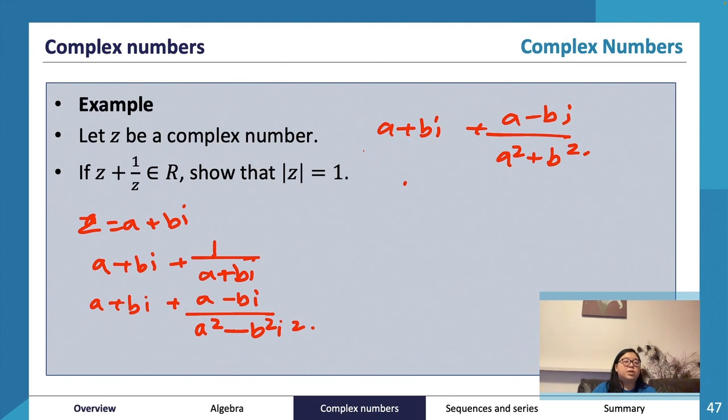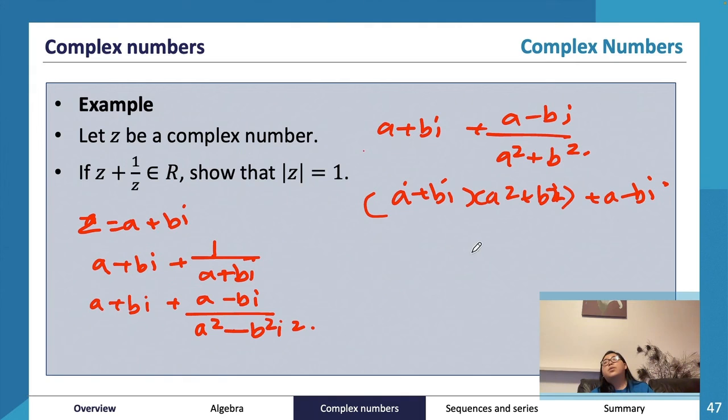If we put everything over the common denominator, a squared plus b squared, and then plus a minus bi, we'll eventually get, when we transfer that across, the a parts shouldn't matter too much, but we'll get our a squared bi plus b cubed i minus bi, and then we'll have the real components as well. So we'll have a cubed plus a b squared plus a.